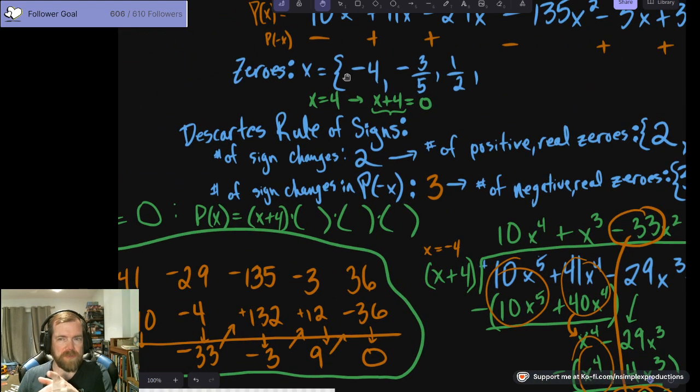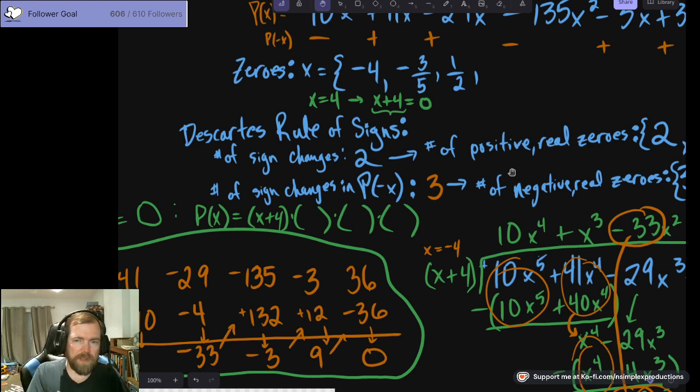We did come up with some assumptions that we thought -4, -3/5, and 1/2 were going to be zeros for this particular function based on the graph that we saw. And yeah, the graph we saw reflected that that was probably what those were. But you need to prove it.